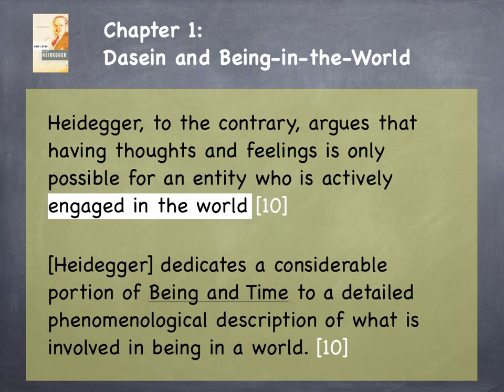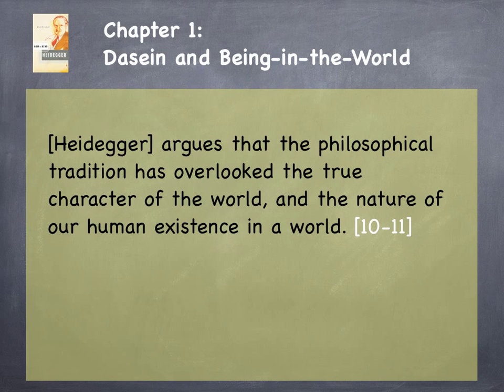Perhaps it has something to do with what it means to experience things phenomenologically, to go back to what we started with. Anyway, Rothel apparently offers us a clue to all this in the way he ends the paragraph on pages 10 to 11. Let's have a look at that. Heidegger argues that the philosophical tradition has overlooked the true character of the world and the nature of our human existence in a world.